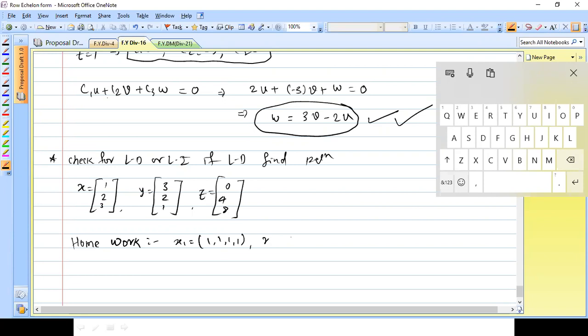Your x2 is equal to 1, 2, 3, 4. x3 is equal to 1, 2, 1, 2. And x4 is equal to 3, 5, 6, 7. This is the first one.